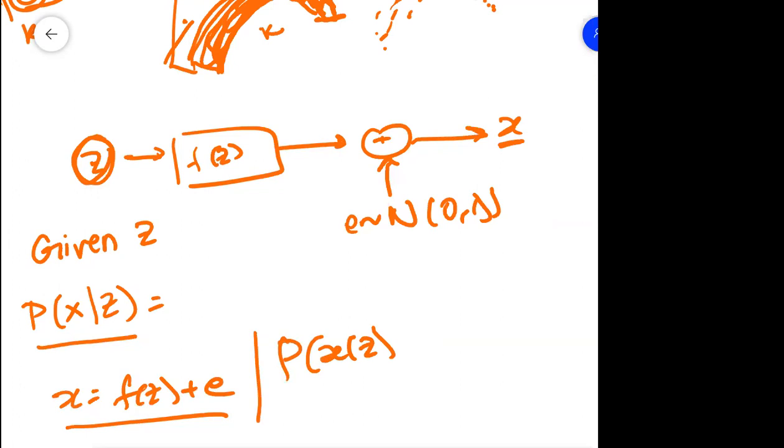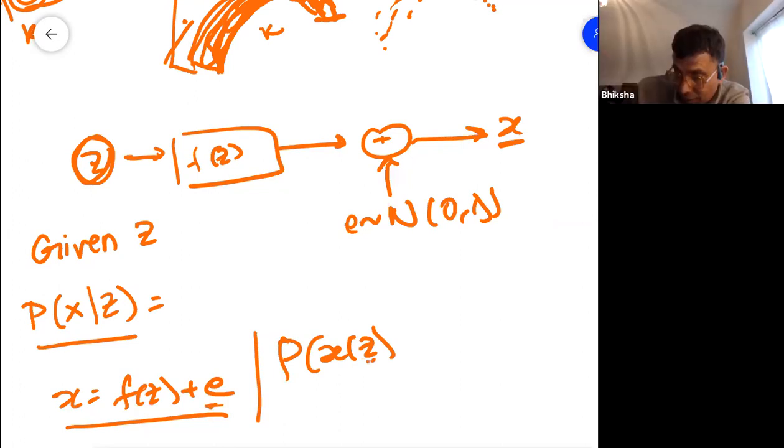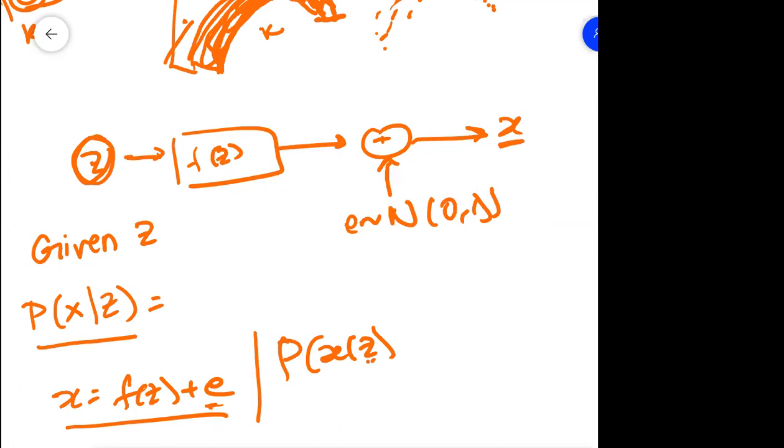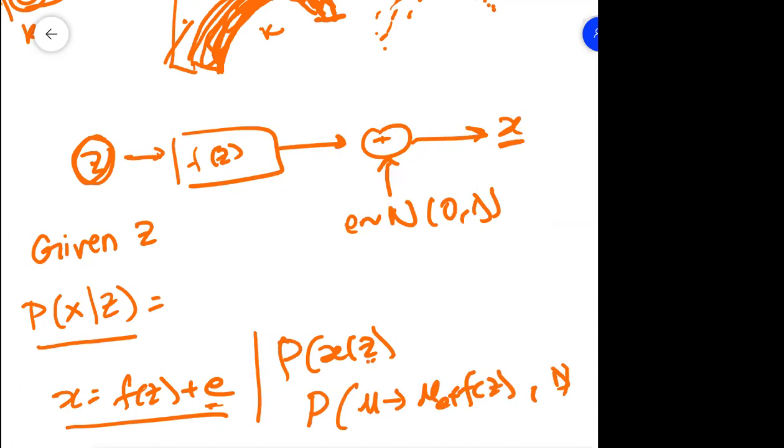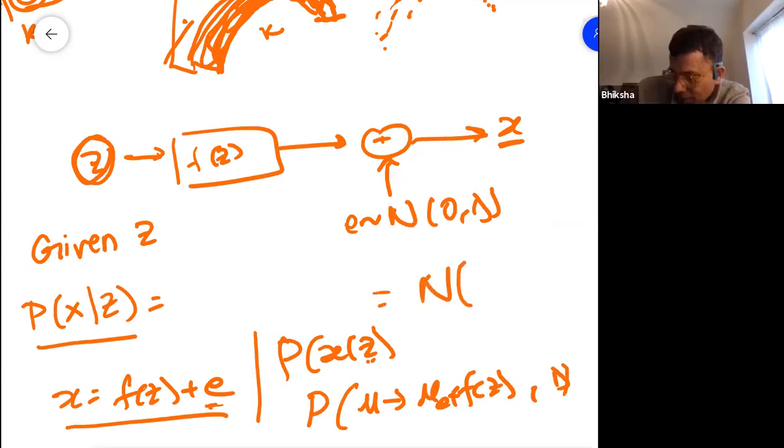It's going to be the probability distribution of E with the mean shifted to the mean of E plus F of Z. Yeah, exactly. And the covariance, which is simply going to be a Gaussian with mean F of Z and covariance D, right?